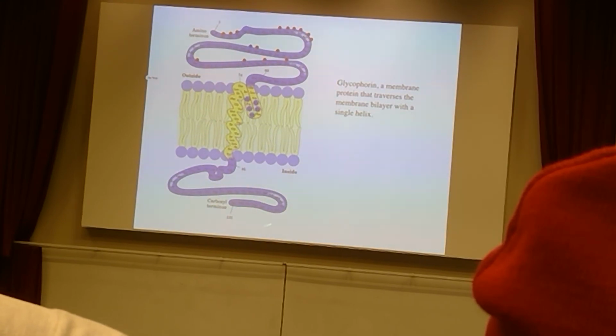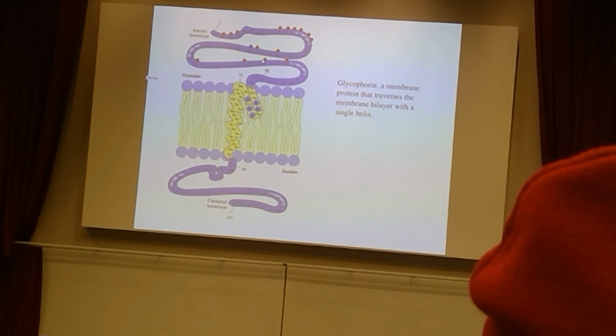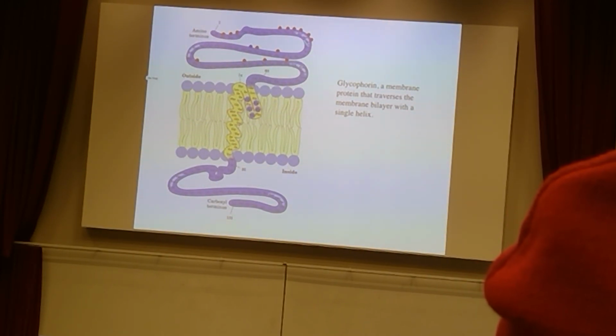A large portion of the protein then is within the cytoplasm, and a large portion of the protein chain is present on the extracellular region. Again, hydrophobic groups make sense that they would be sitting within the membrane bilayer itself. And we already talked about the fact that these sites of glycosylation tend to be exposed on the extracellular side.